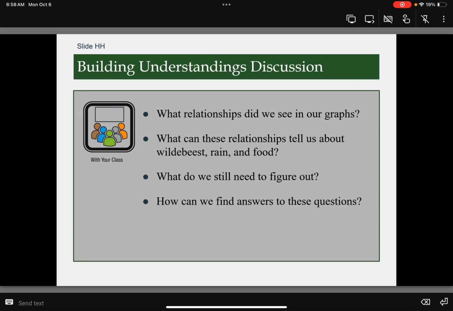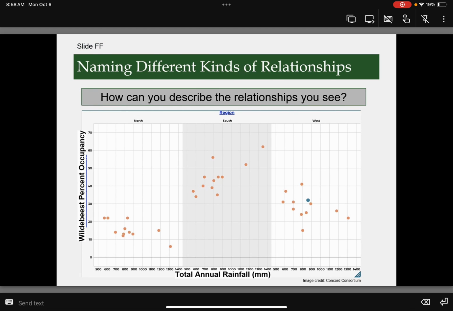What relationships did we see in the graph? So looking at the north, the south, and the west. And any other things that we might have seen with this data. What information can we pull from this graph? Okay, so write that down on page 37 with your notes about the graphs already.